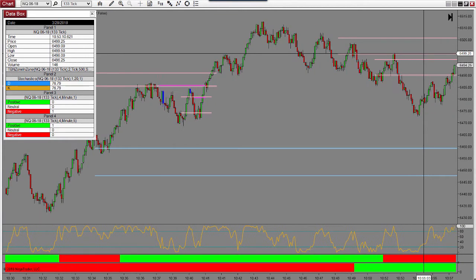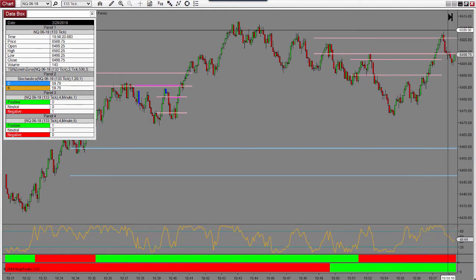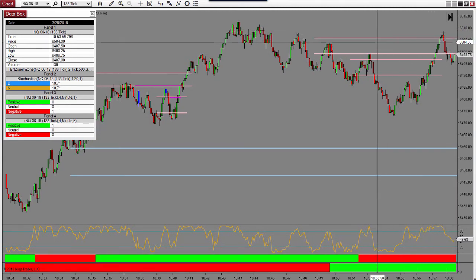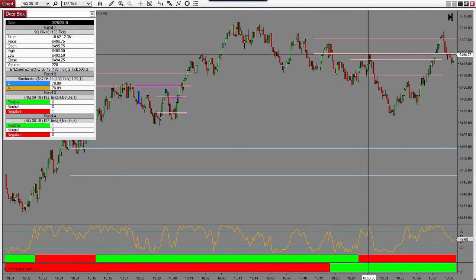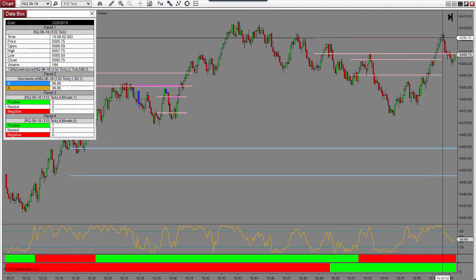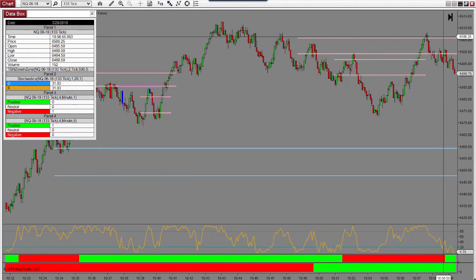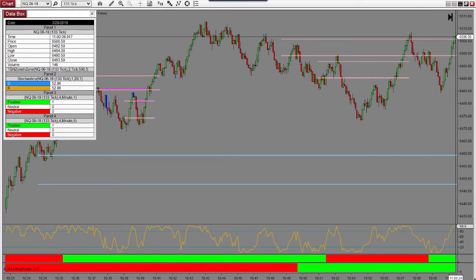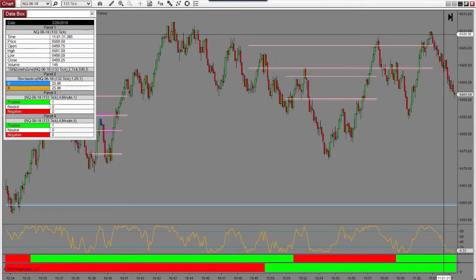No divergence here. Oh, it wouldn't have mattered. All right. Do I have divergence here? No, not likely. So if I got divergence up here, I would take a trade, but it looks like we're going to turn green and green. No trade.